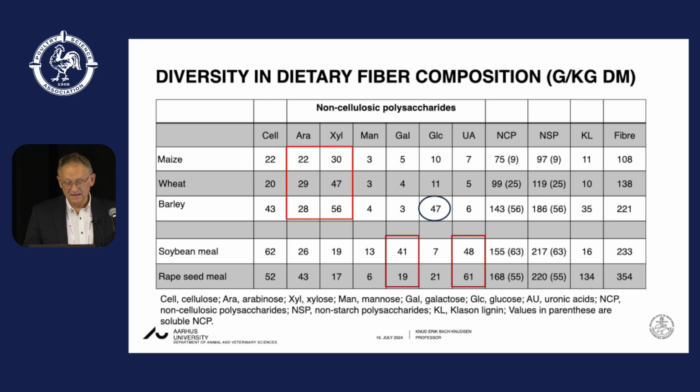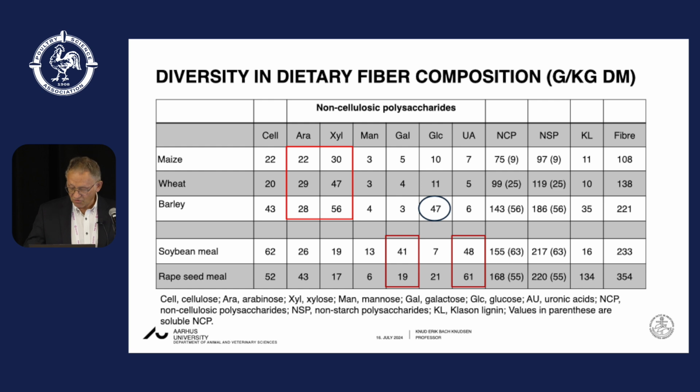You'll see that in the cereals we have a higher concentration of arabinose and xylose, representing the arabinoxylans. The barley also has high levels of non-cellulosic glucose, representing beta-glucans, whereas for the soybean and rapeseed meals, they are much higher in terms of uronic acids and also galactose, which are markers of the pectin-containing materials.